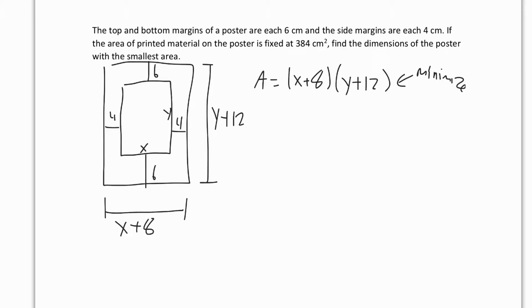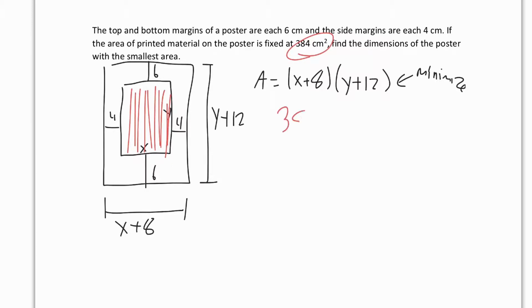And we know that the printed area, so this portion here that has the printing on it, is going to be equal to 384 centimeters squared. Hopefully your poster doesn't look like that. Maybe have some more interesting printing rather than just some random red lines.